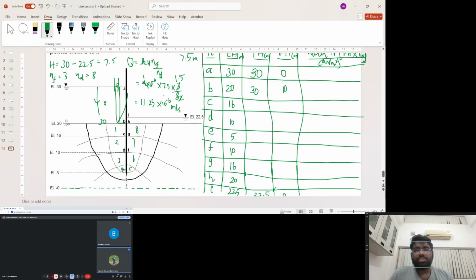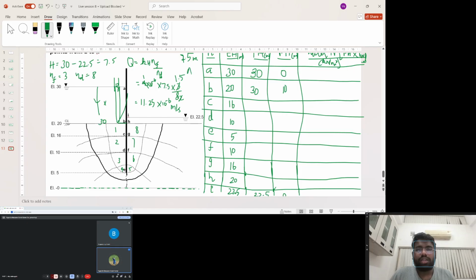That means this entire 7.5 meters is divided into 8 equal parts, such that when the water crosses all these 8 equipotential drops, the head loss will be 7.5 meters. So what will be the head loss for each equipotential drop?